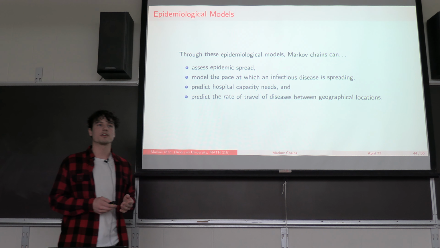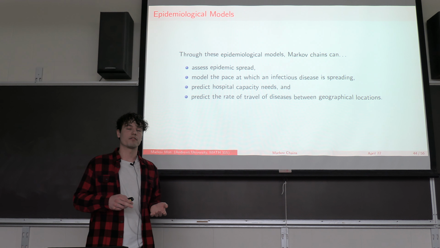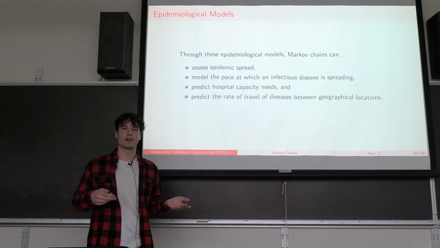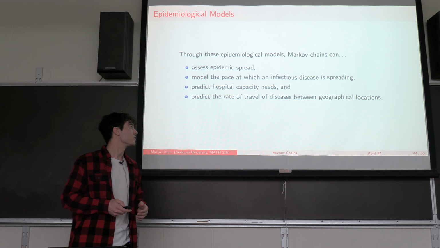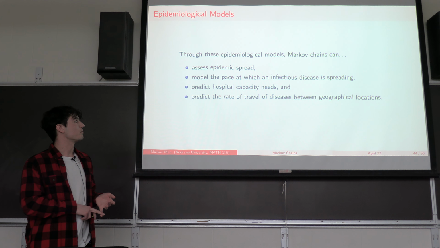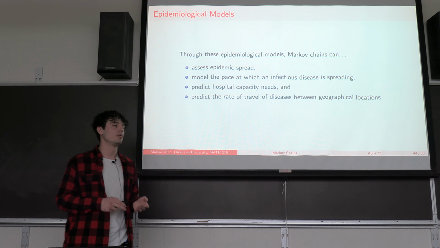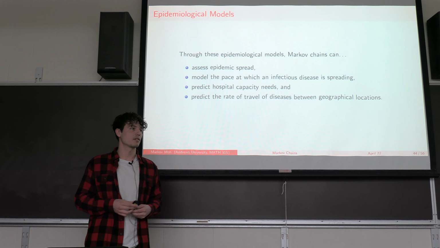I know in the past few years it's been a big issue that a lot of hospitals have been overflowed with COVID-19 patients, and they've run out of beds. And so Markov chains were actually used to predict hospital capacity needs in order to get in temporary beds and temporary shelters to accommodate all the patients. And lastly, they're really good at predicting the rate of travel of diseases between different geographical locations.